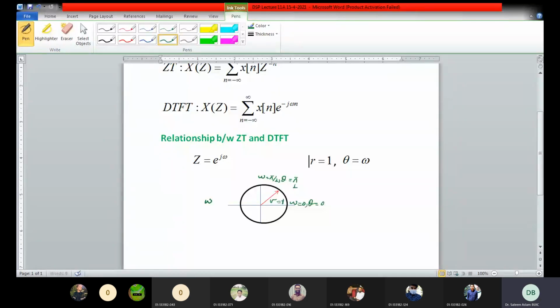Here omega is equal to pi and theta is equal to pi, and here omega is equal to 3 pi by 2 and theta is equal to 3 pi by 2. So this is the value of r. We can say that your Fourier transform is basically plotted on this black circle, and this black circle is known as the unit circle.